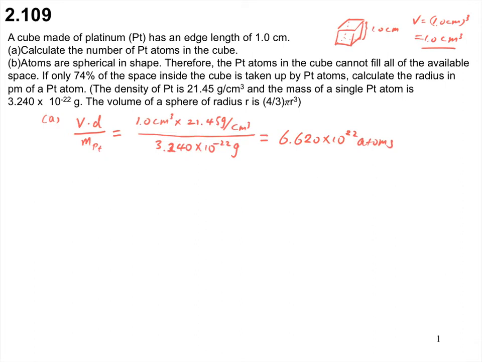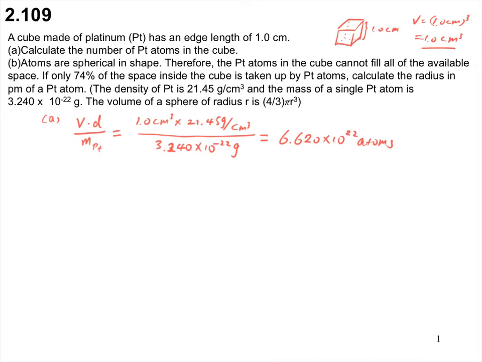Now in problem 2, we know the total volume of the cube is 1 centimeter cubed, and 74% of this space is occupied by this many platinum atoms. And for each platinum atom, the volume can be calculated based on its radius with this equation.